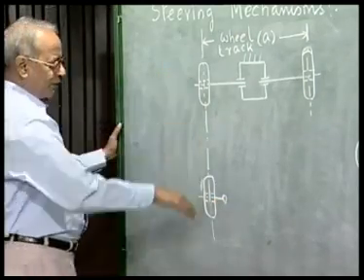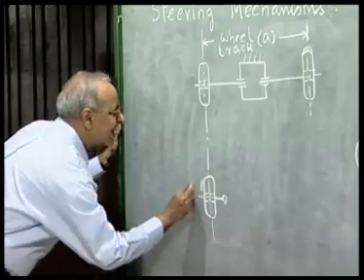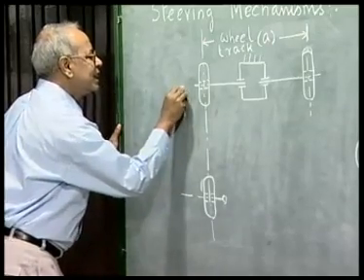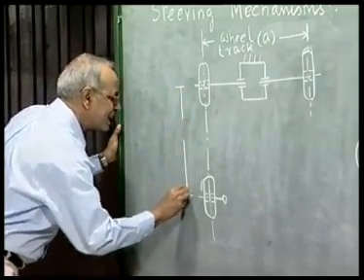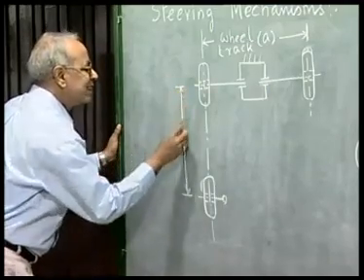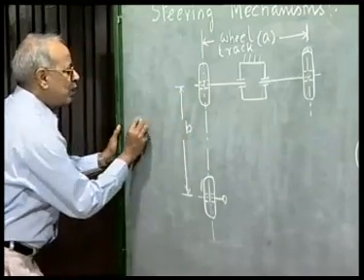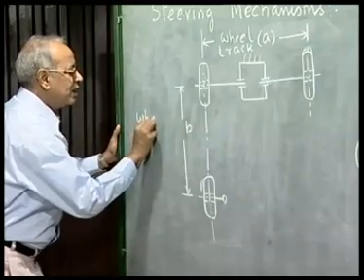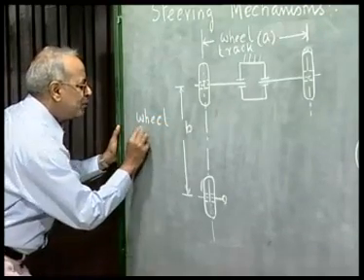This is the top view of the car, and the distance between the rear axle and the front axles, let me call B, which is called the wheelbase.